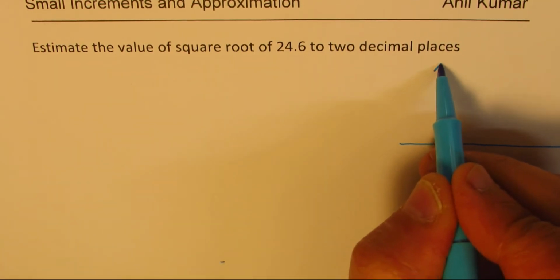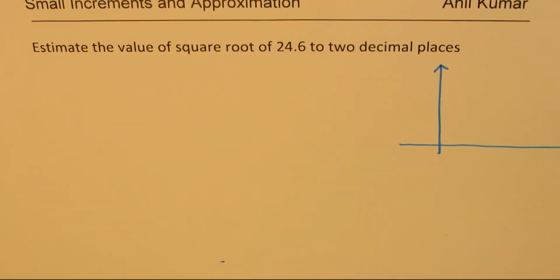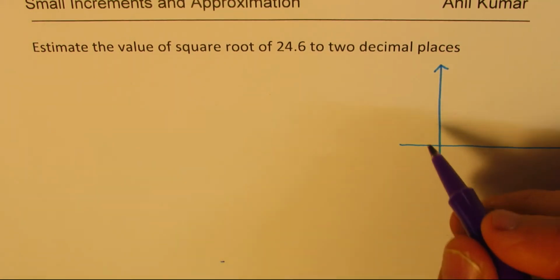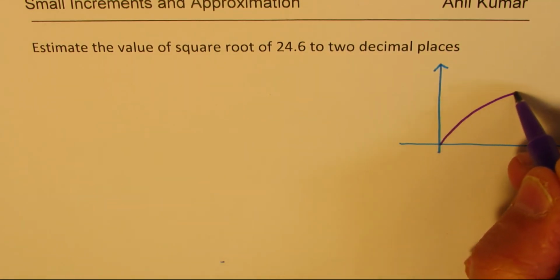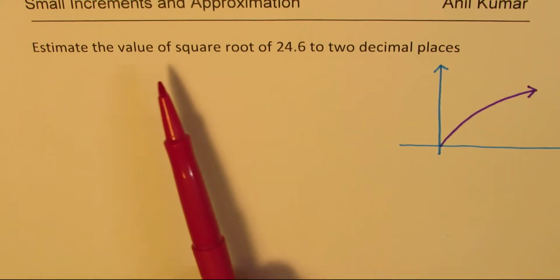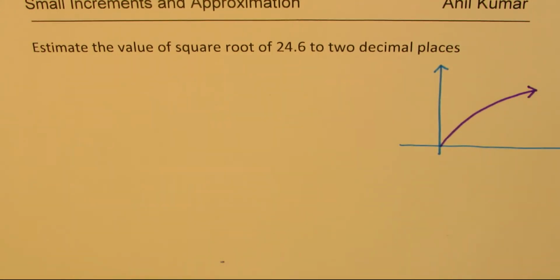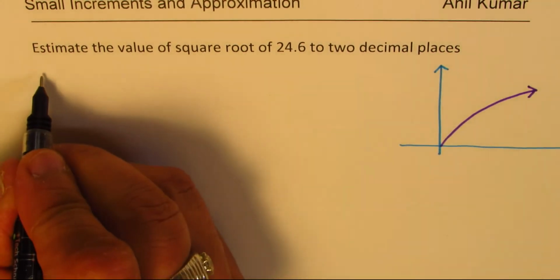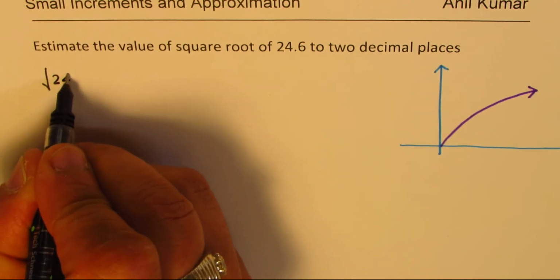So we'll try to sketch the graph for the function, which is square root of x, which will be kind of like this, right? So that is how it may look like. Now, if I'm saying estimate the value of square root of 24.6, then what we need to really figure out is what is square root of 24.6.